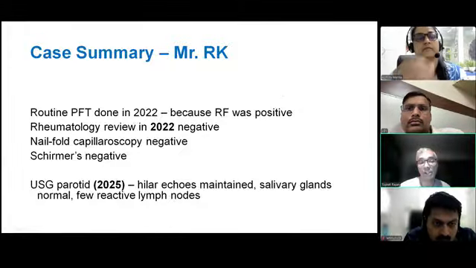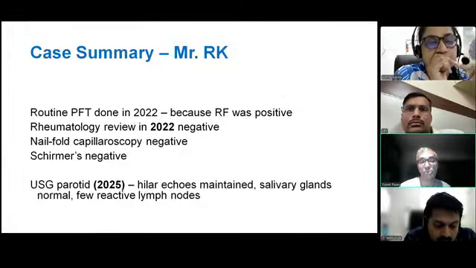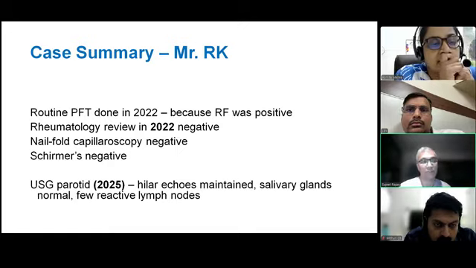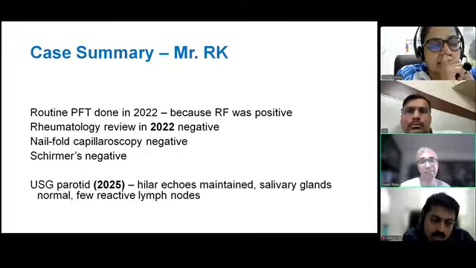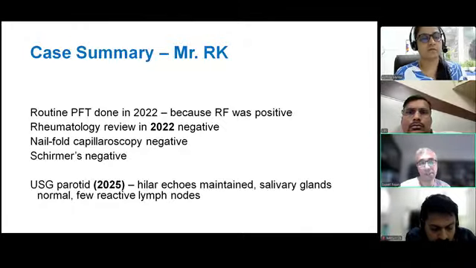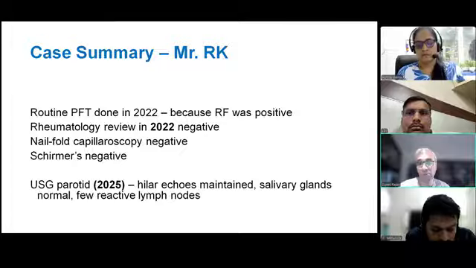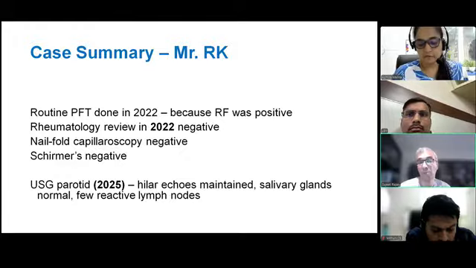He had a routine lung function done in 2022 because his rheumatoid factor was positive. The rheumatology review was then negative. Nail fold capillaroscopy was also done, negative. Schirmer's negative. An ultrasound of the parotid done a month ago showed hilar echoes were maintained, salivary glands were normal, with a few reactive nodes.